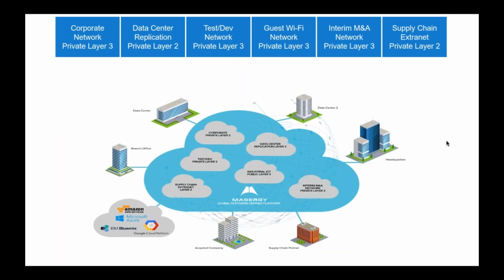Maybe they're a sales organization, so they want to build some type of client network or partner network, things like that. These are virtual network environments between data centers. You can see a list of it there, a network for guest Wi-Fi, because they want to keep that separate from their important corporate traffic.